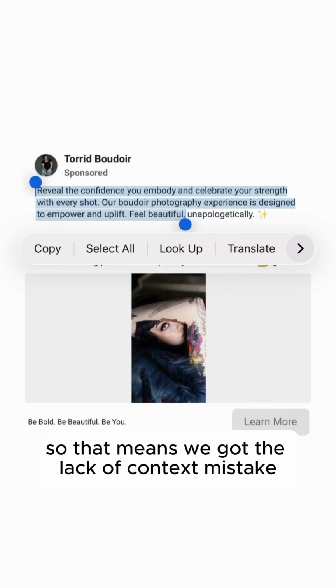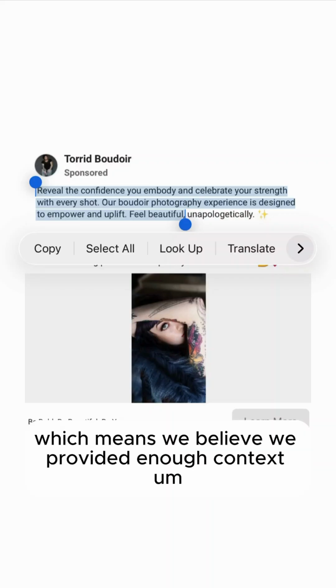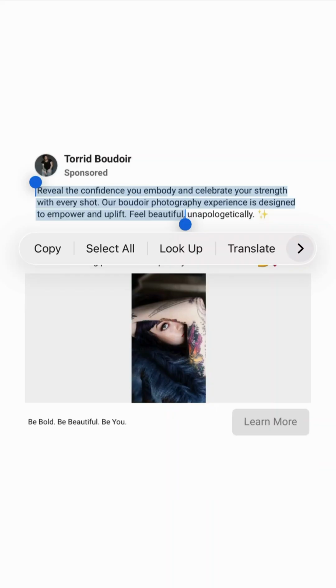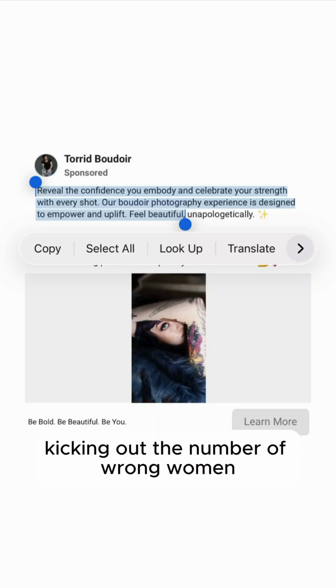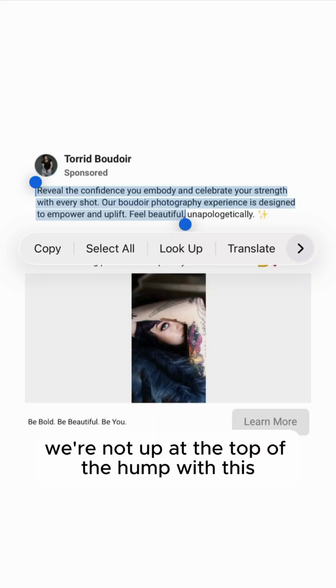So that means we got the lack of context mistake, which means we believe we provide enough context to maximize the number of correct women coming in, kicking out the number of wrong women. But we're not up at the top of the hump with this.